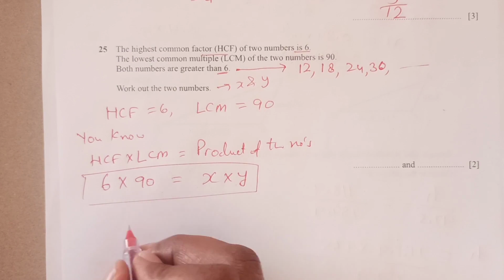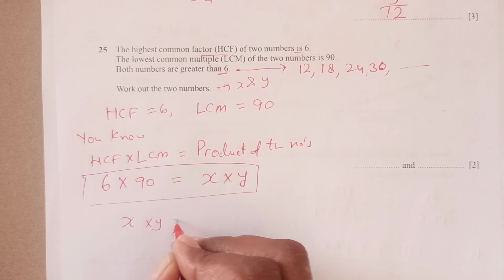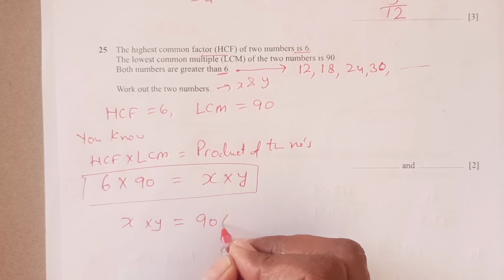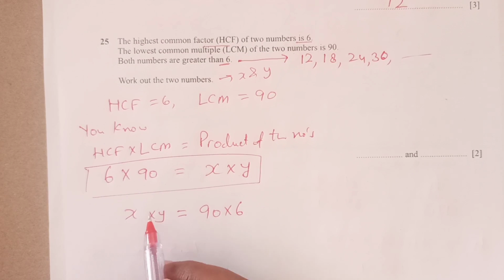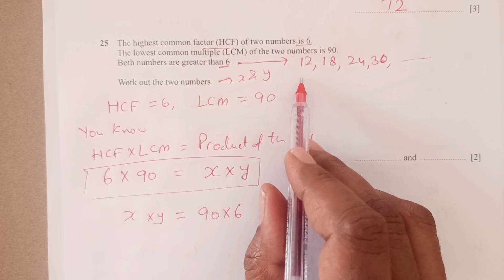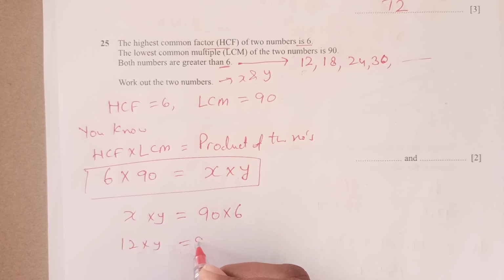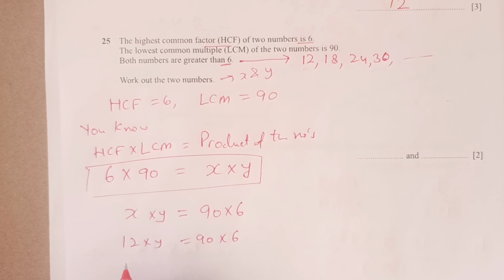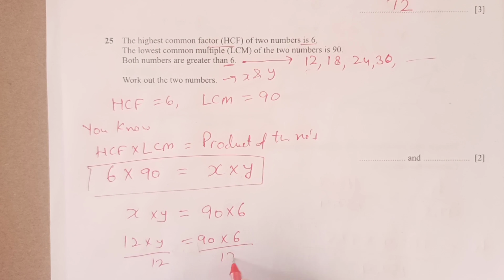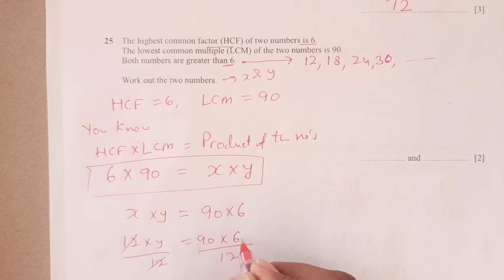If I take x as 12, then 12 times y equals 90 times 6. Once you divide this, we get y as 45, right?